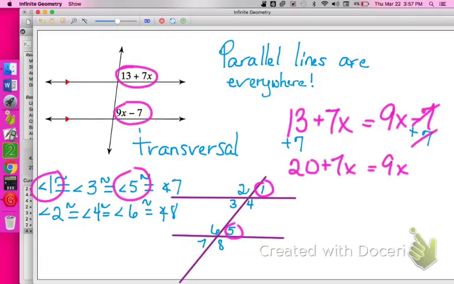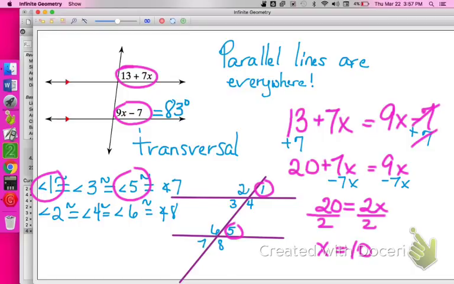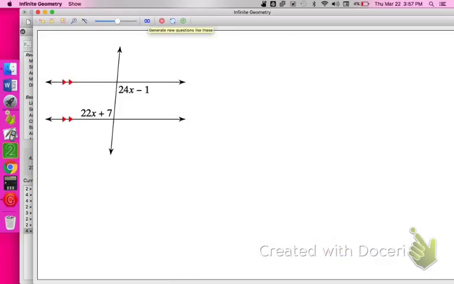In this case, we want to pull the x's over to one side, so I'm going to subtract 7x and then divide by 2. And x is equal to 10, which means that this angle right here is 9 times 10 minus 7, which is 83 degrees.